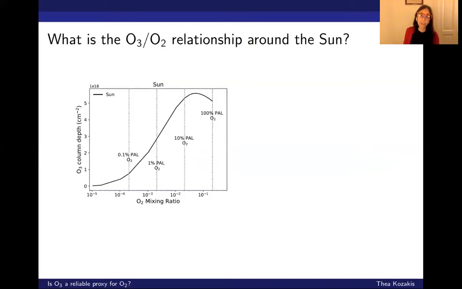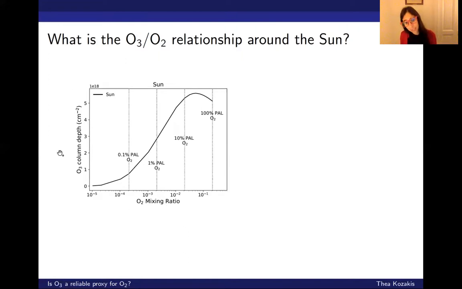So let's start off with Earth around the Sun. What does the ozone-O2 relationship look like there? Here on the bottom, on the x-axis, we have the O2 mixing ratios that I was inputting into the models. The mixing ratio just means the fraction of the atmosphere that is O2.